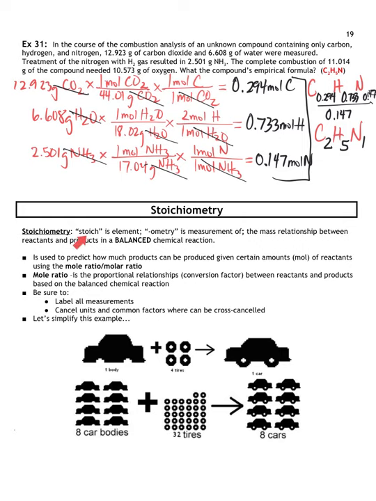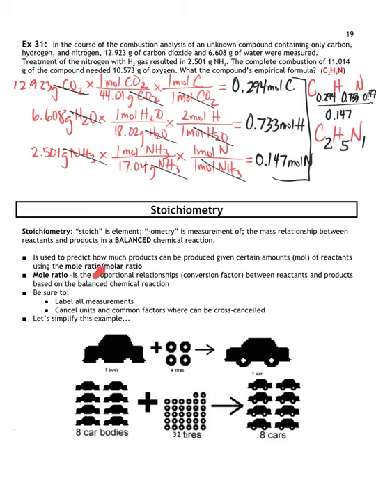Stoichiometry is really broken down into its Latin roots here. Stoich means element, and ometry is measurement. So you're really measuring the amounts of the elements, and you're making sure that the mass relationship between reactants and products is conserved in the balanced chemical reaction.